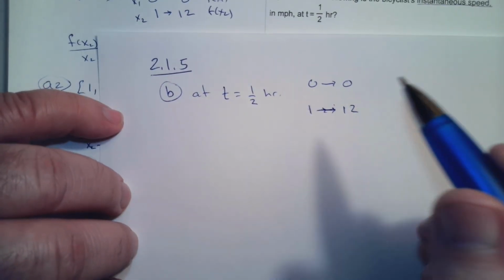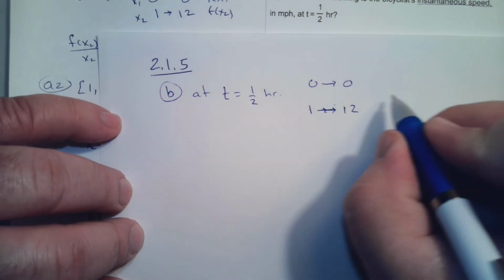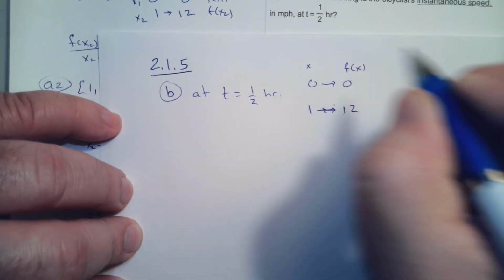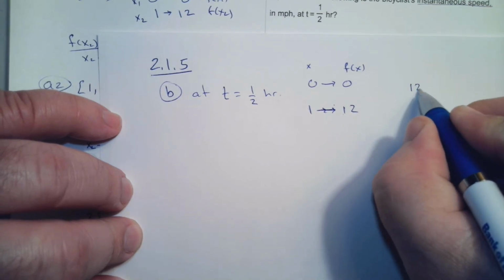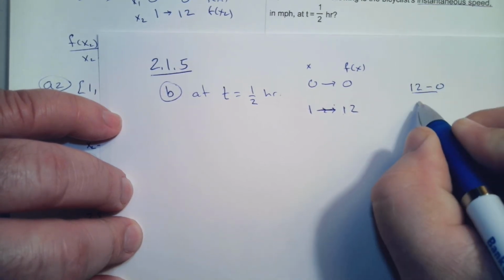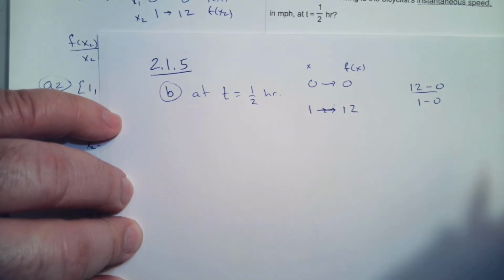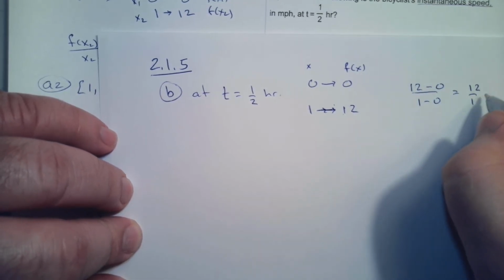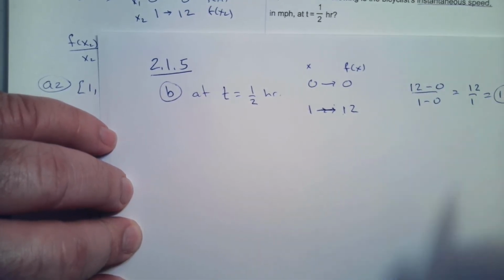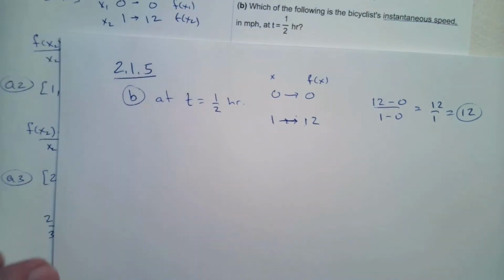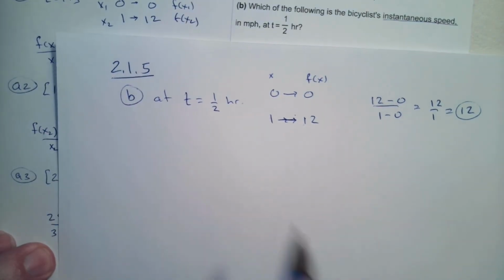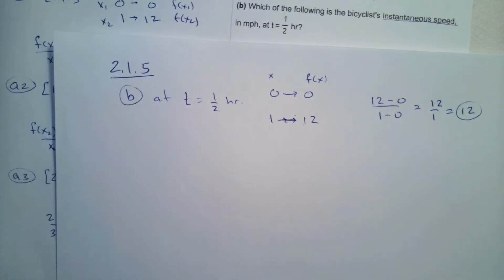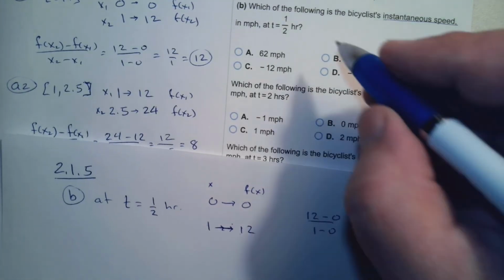Basically we're looking at the average of those. So we have f of x2 minus f of x1, and the instantaneous rate of change at half an hour is 12, B.